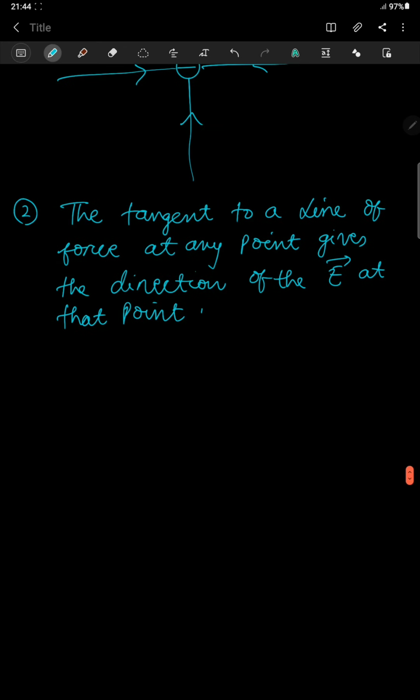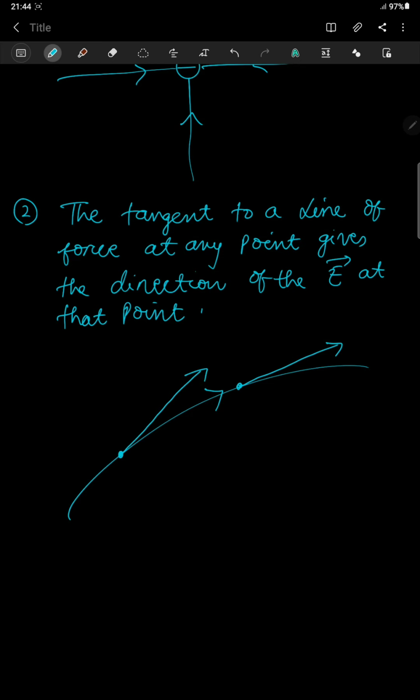Okay, now suppose this is one of my field lines. So I choose this point, I draw a tangent, this gives me the direction of the electric field at that point. Suppose I choose this point, so the tangent along this is the direction of the electric field.